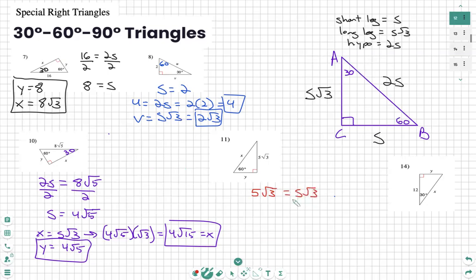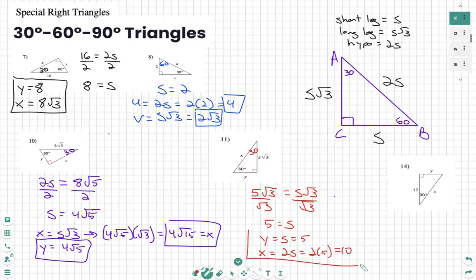I want to find s, so I divide by root 3. 5 is equal to s. Okay, cool. So y is across the 30, or the short leg, so y is just equal to s, which is 5. X is the hypotenuse, which is equal to 2s, which is 2 times 5, 10.